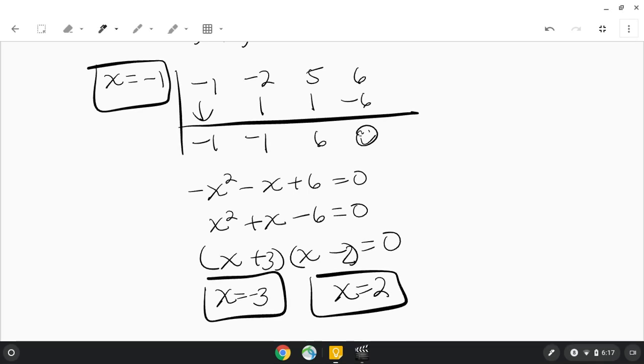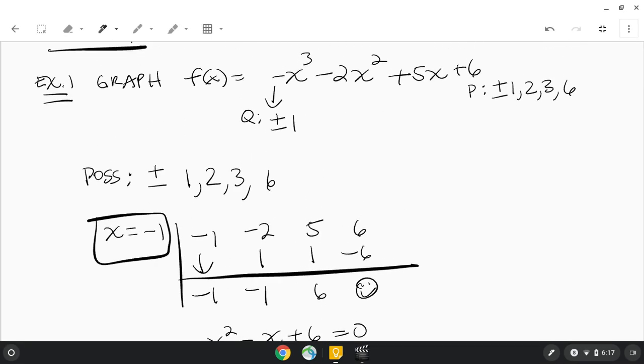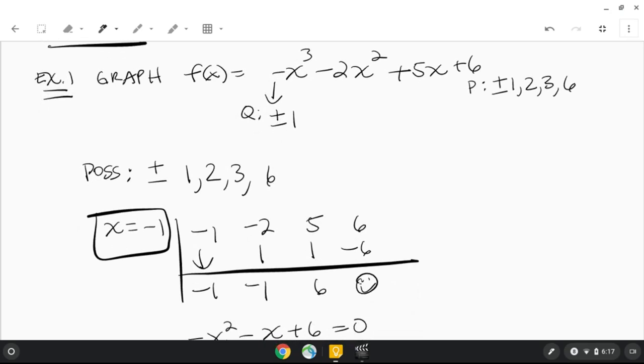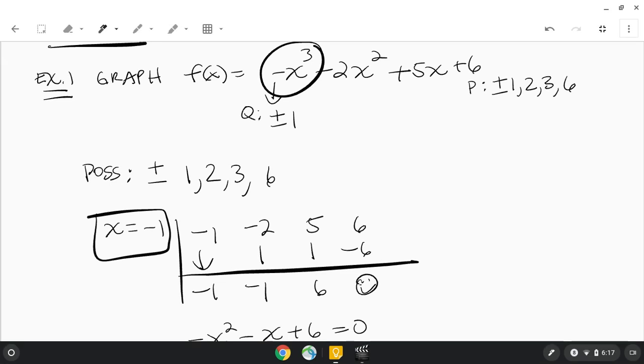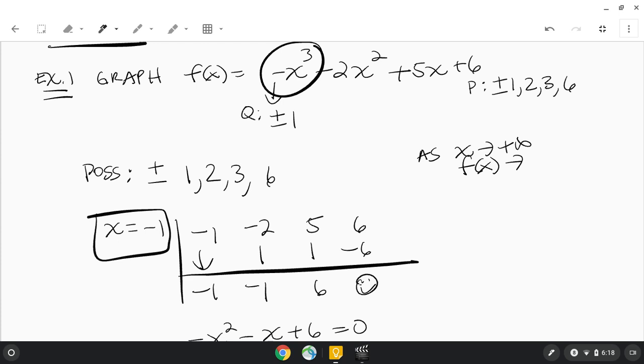All right, so I have my x-intercepts. I need my end behavior. Let's go back to our original polynomial. For end behavior, we only use the leading term. As x goes towards positive infinity, f of x goes towards what? Positive infinity will end up with a negative result in that first term.